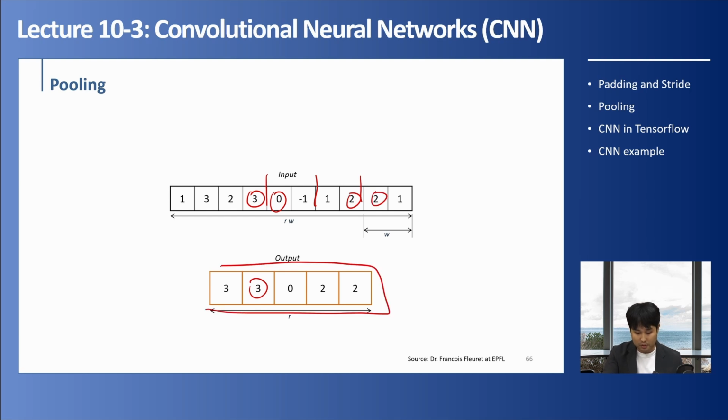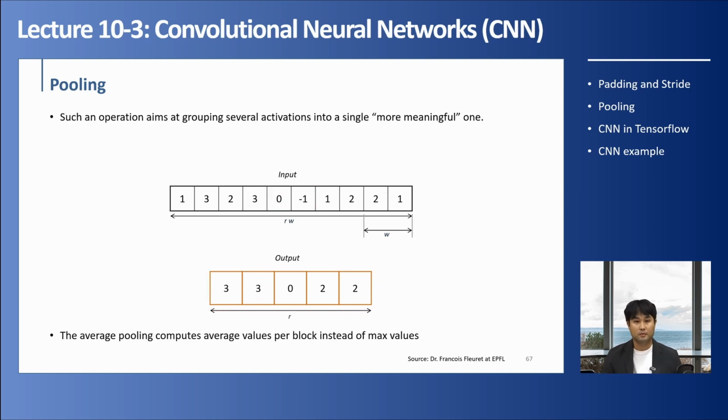So this is our output shown over here, and you can see that we've effectively reduced the spatial resolution of the original input. So the key takeaway here is that through pooling, we're essentially grouping several activations at a time into a single, more meaningful representation.